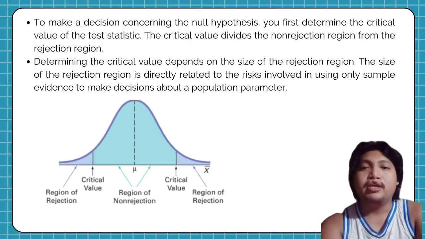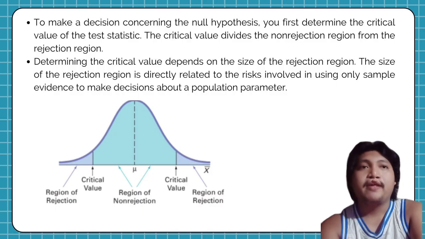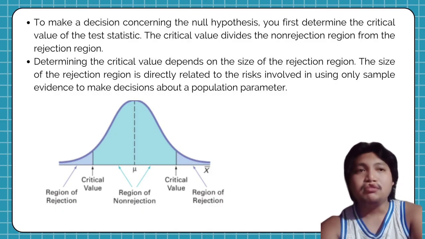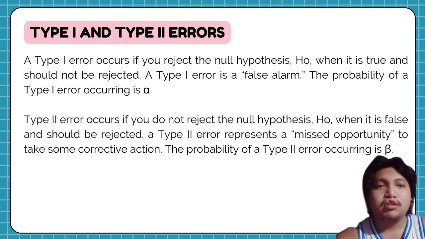There's the one-tailed test, which lies only on the left or right tail, depending on the alternative hypothesis, while the two-tailed test has the region of rejection in both extremes of the distribution.